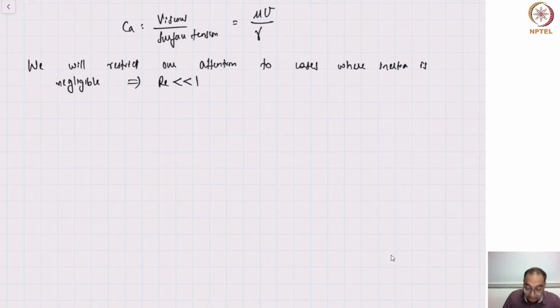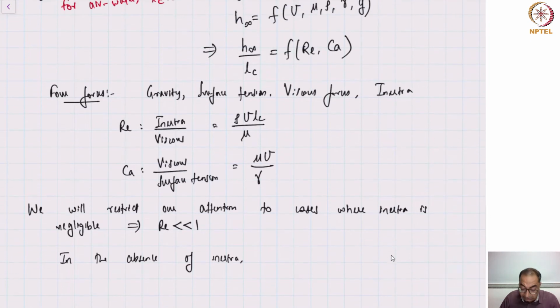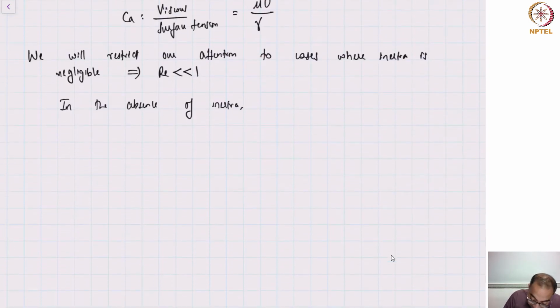Okay. So in the absence of inertia, one force is being dropped out, and therefore the above relationship that I wrote between the relative thickness of the coating versus Reynolds and capillary now simplifies to H by LC is some function of capillary number, right? And our goal in this lecture is to determine what is this relationship, right?